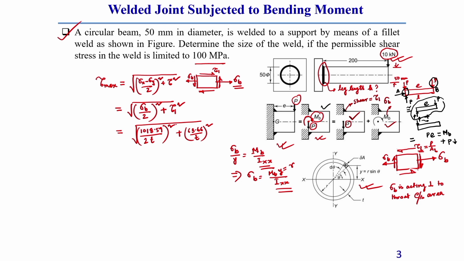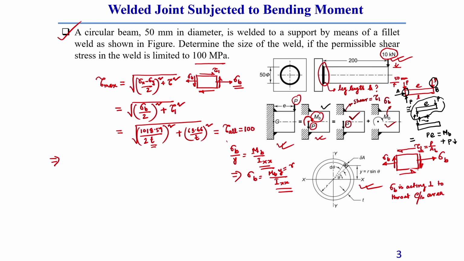Based on this formulation, for design purposes we will use this tau max to find out the dimension, or throat thickness, of this weld specimen. For finding this throat thickness, we need to equate tau max with the allowable shear stress, which is already given as 100 MPa.